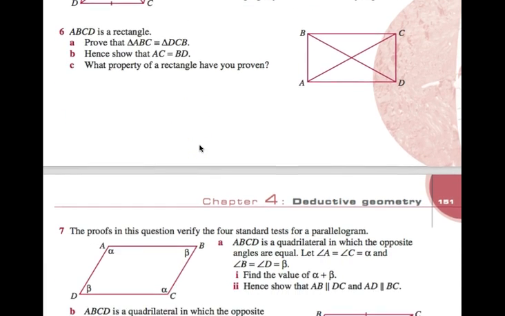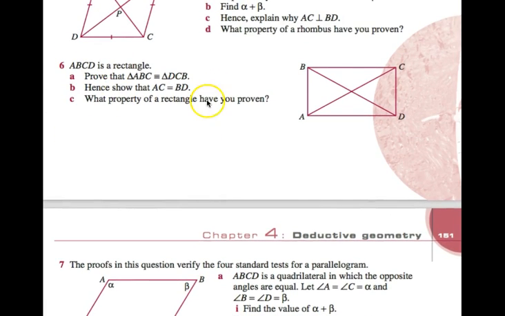And in question 6, you've been told that this is a rectangle. You can assume opposite sides equal in length and that it's got right angles, and you're trying to prove that triangle ABC is congruent to triangle D. Sorry, actually they're overlapping. The triangle ABC is congruent to triangle DCB, so you do have overlapping triangles, but you do have right angles in the corner, and you've got opposite sides equal as well.